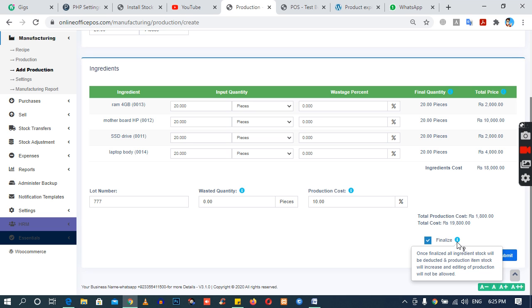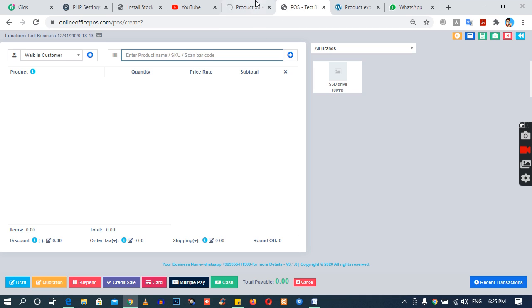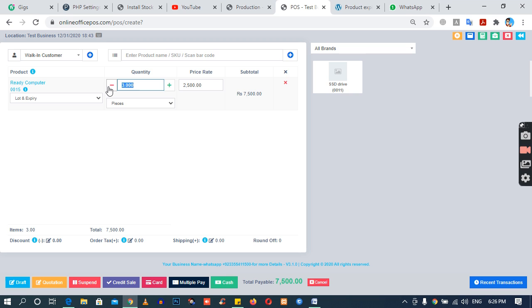finalize. Look at this. Once finalized, all ingredient stock will be deducted and production stock item will be increased, and editing of a production will not be allowed. Okay, so if I submit this and we go back here, for example, a ready computer, how much did we create? It is saying only 20 pieces available.